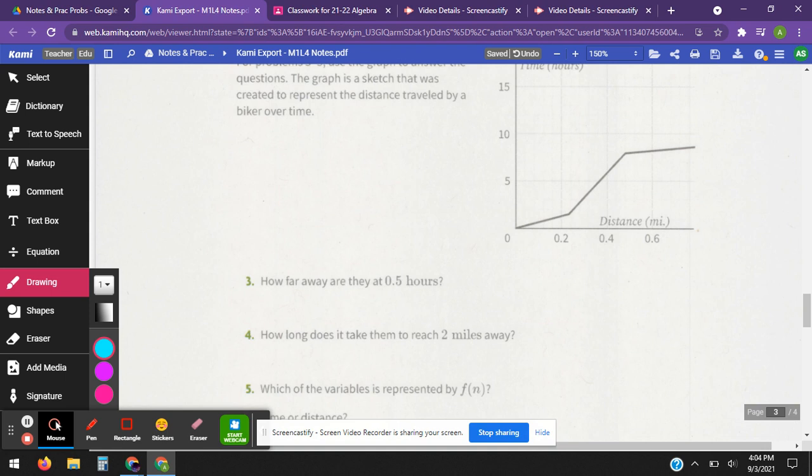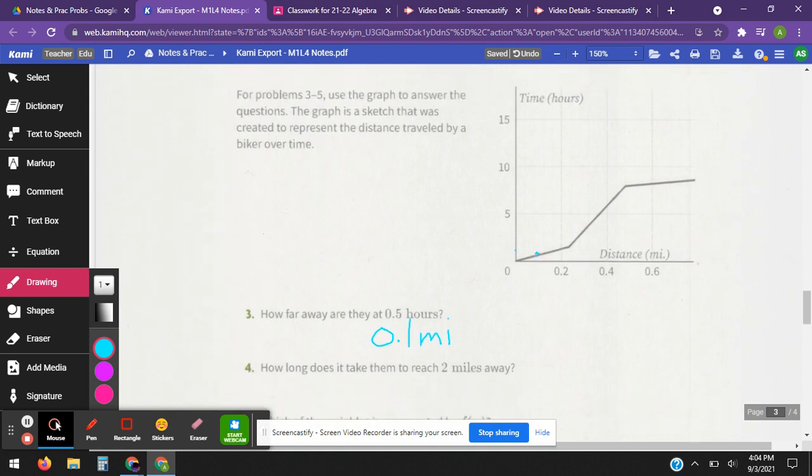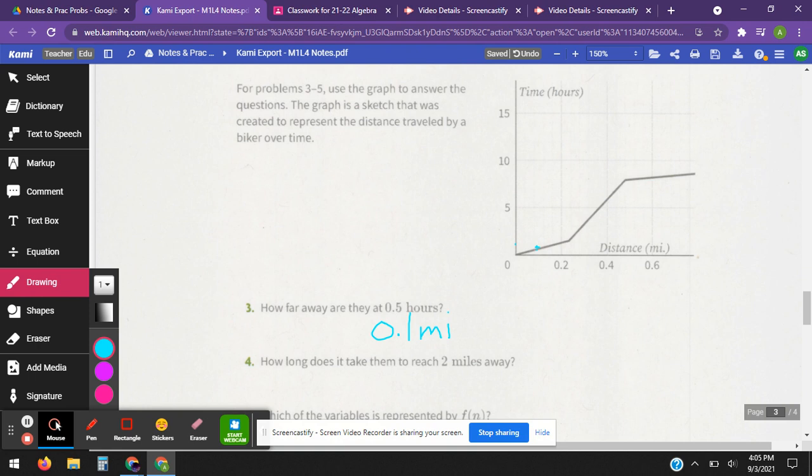Can't quite see the little lines on there. 1, 2, 3, 4. Okay, so probably looks like maybe 0.1 miles. It's pretty close on there.